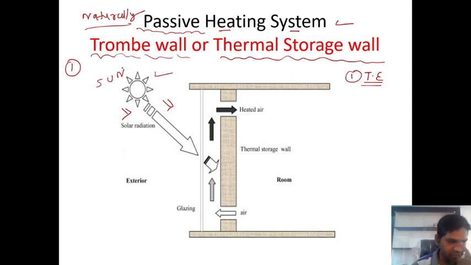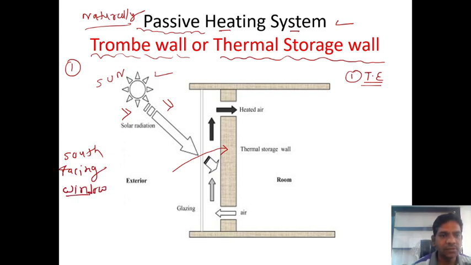See the construction here, guys. A large wall-like mass which absorbs the solar radiation and stores heat is placed directly behind a large south facing window. This is the thermal storage wall, and where is it placed? Behind a large south facing window.